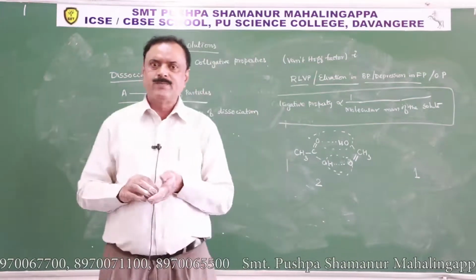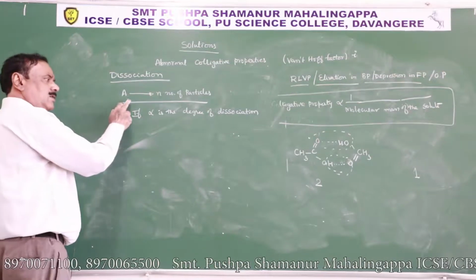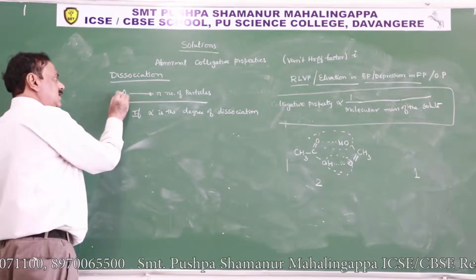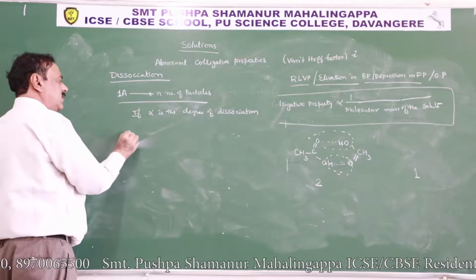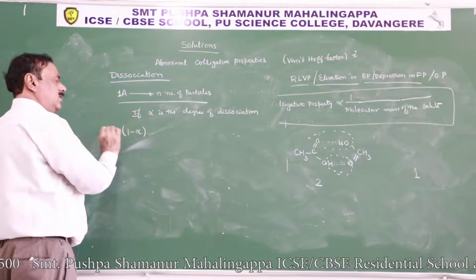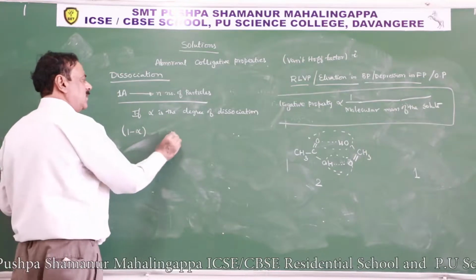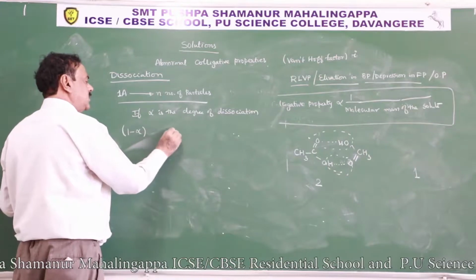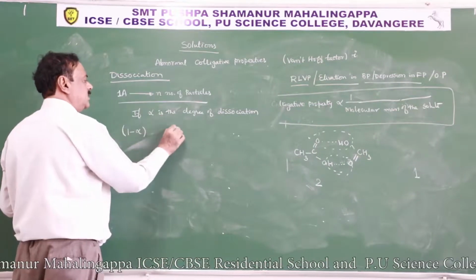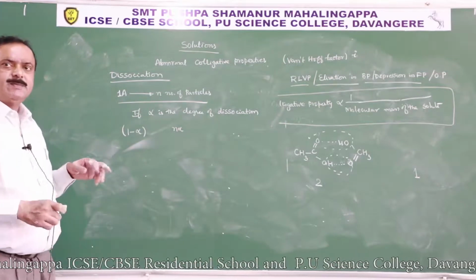Now, for 1 mole, alpha dissociates, coefficient is equal to 1. Therefore, the number of molecules left after dissociation is equal to 1 minus alpha. And it gives rise to n alpha particles.